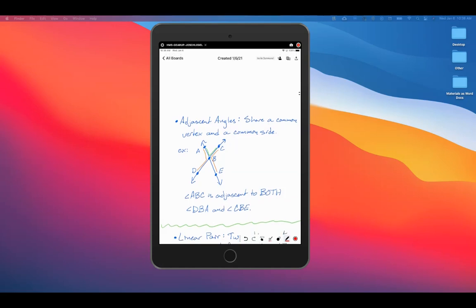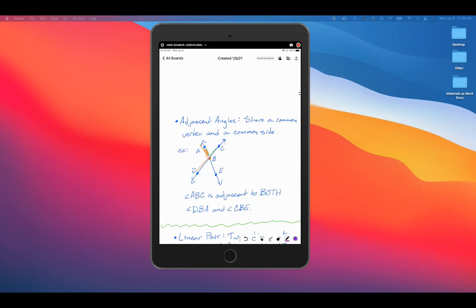So if we look at, in this example, angle ABC, which I highlighted there with a little green angle, it is adjacent to both angles. I'm going to go ahead and erase my oranges real quick so I can draw them with you here. So ABC, that green one right there, is adjacent to both DBA. And we see it's adjacent to DBA because they share this side, and they have B as a common vertex.